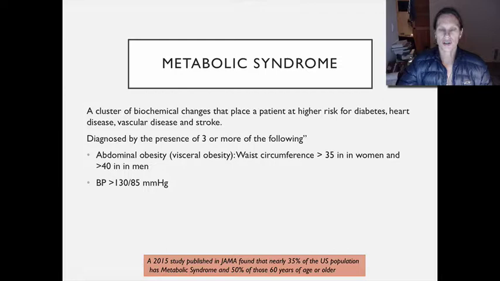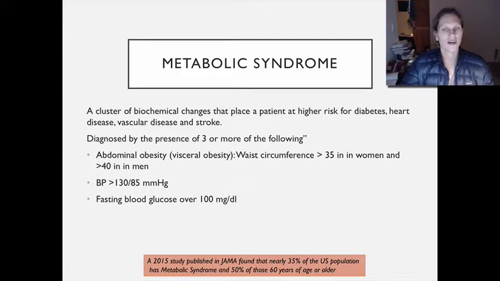Blood pressure that's greater than 130/85, which is considered pre-hypertensive. Fasting blood sugar that's over 100. We've dropped that down. It used to be 110. I should say that when you look at fasting blood sugar, you really want it to be no higher than 80 or 85. Anything higher than 80 or 85 really is showing you that you're having some issues with your glucose control when you're fasting, if you've been on a prolonged 12-hour fast.